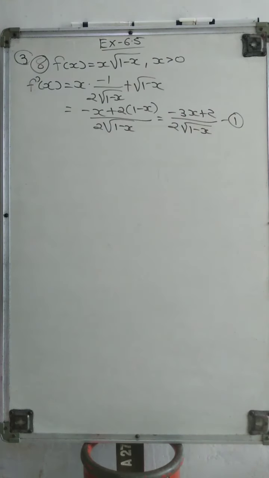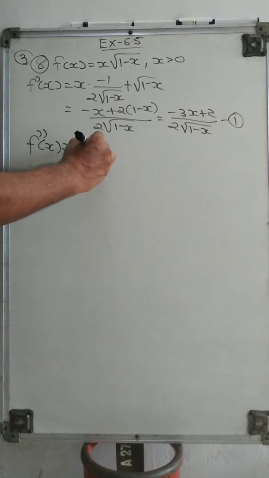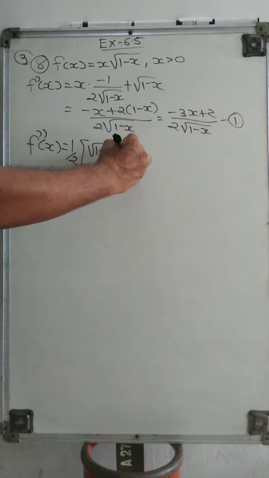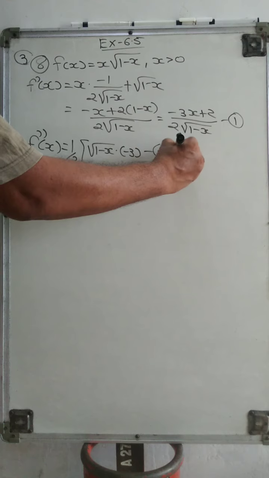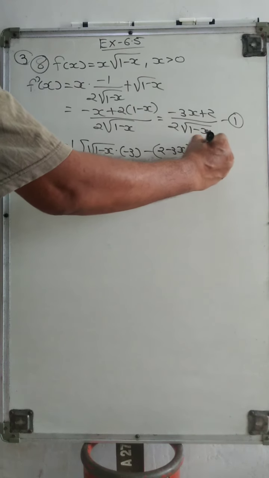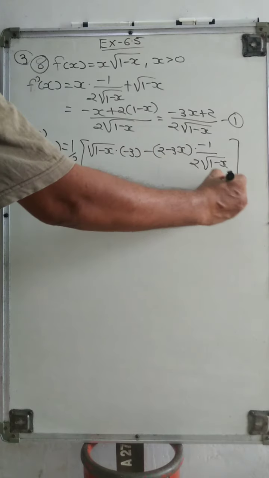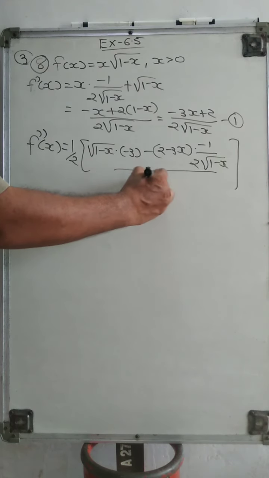This is our first result. Now we find the second order derivative, f double dash x. It is quite different, but 1 by 2 we put as it is, denominator as it is, derivative of numerator minus 3, minus numerator as it is, minus 1 upon 2 root 1 minus x upon denominator square, means 1 minus x.